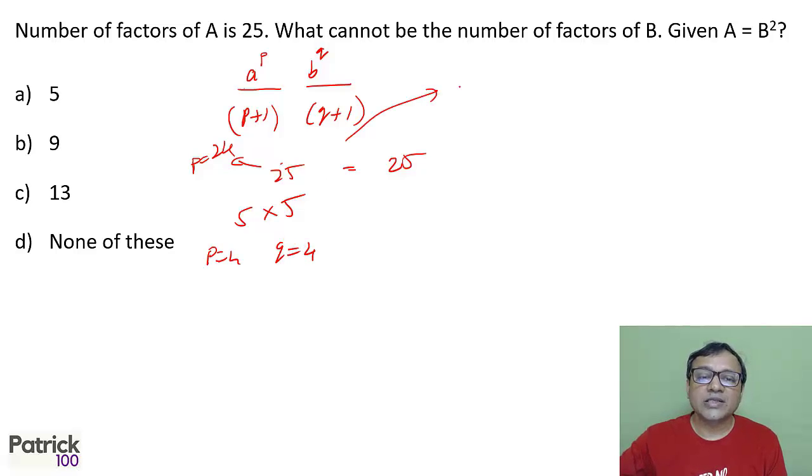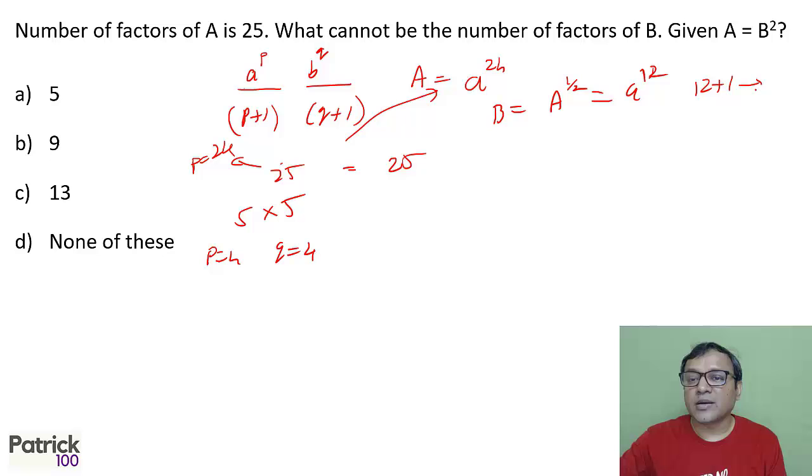That means in the first case, it is A raised to 24. B is nothing but A raised to half, which is A raised to 12. So the number of factors will be 12 plus 1, 13. So 13 is possible.